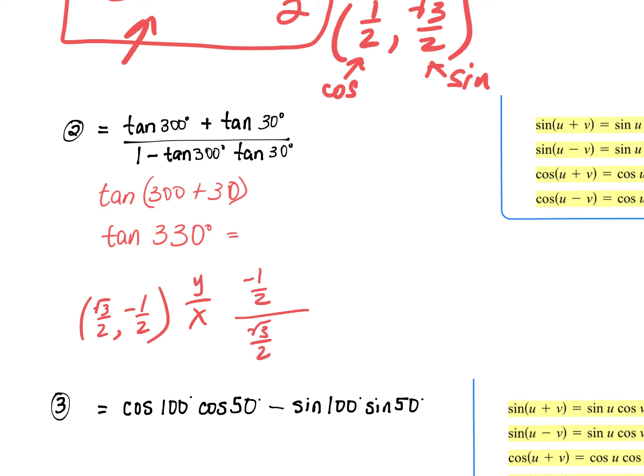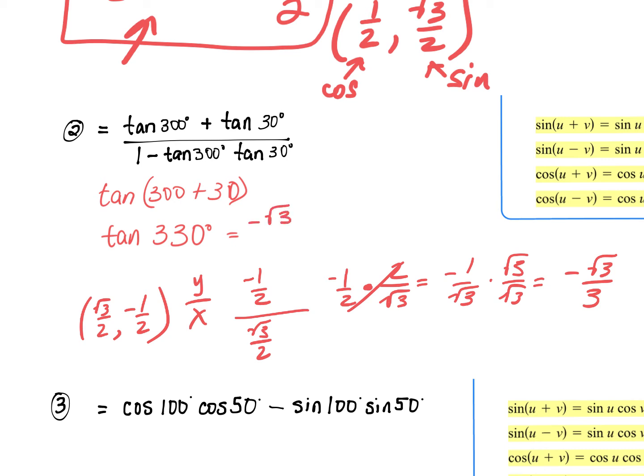How do we divide fractions? You keep, change, flip. So this gives me negative 1 over the square root of 3. Can I leave it like that? Nope, got to rationalize. So I get negative square root of 3 over 3. So my tangent is the negative square root of 3 over 3. That right there is your entire answer.